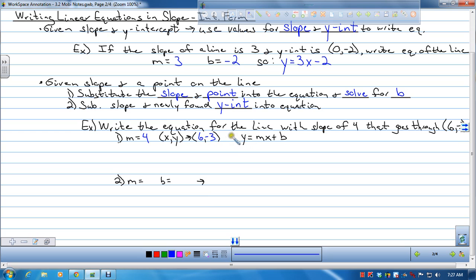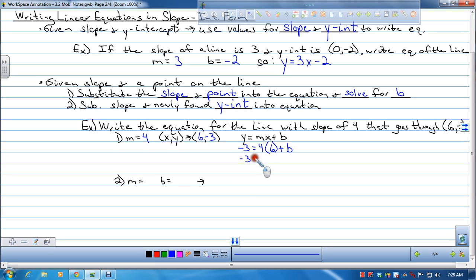So what we're going to do is take this equation of a line and substitute in things that we know. Do we have a y value? Yes, in fact we do. It's -3, right? Do we have an m value? Yes, we do. It's 4. Do we have an x value? Yes, we do. It is 6. Do we have a b value? No, we do not. That would indicate that's what we're going to solve for, right?